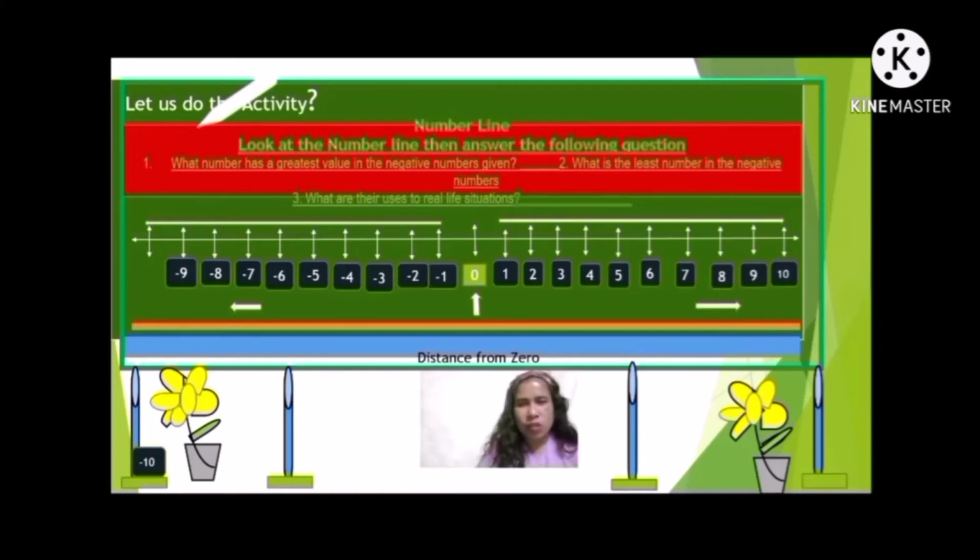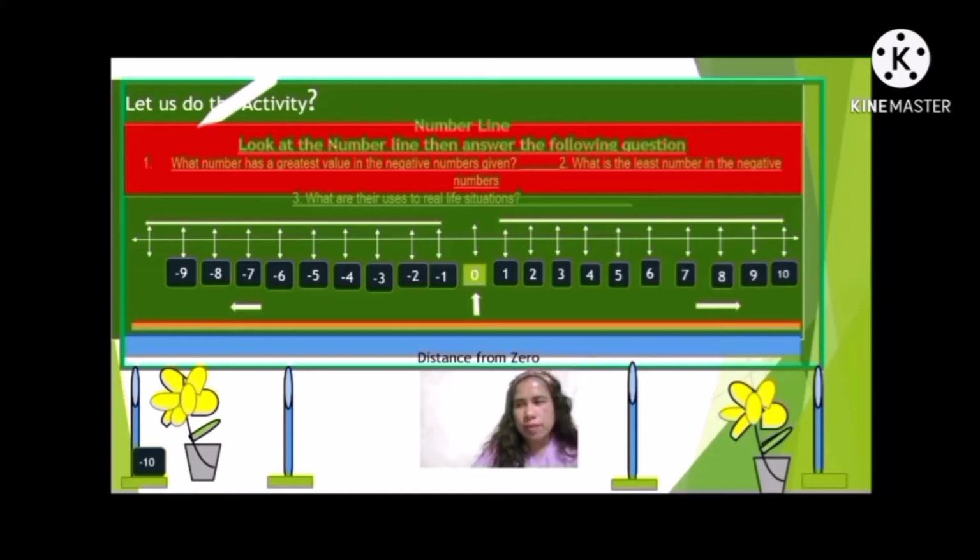Okay, the third question. What are their uses to real life situations? Negative and positive numbers have uses in our real life situations, like helping in computing positive and negative numbers, because after this lesson we have to add or subtract positive and negative signed numbers.